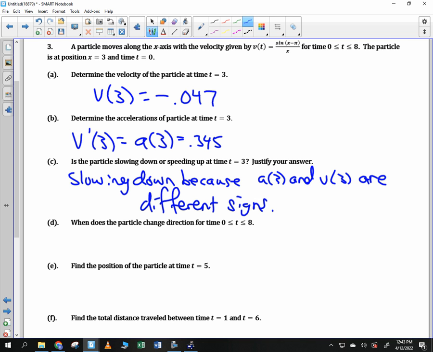Yes? No? Notice how it says justify your answer. If you don't justify your answer, you won't get the point. They want you to write this. What we're doing is exactly what they're looking for.